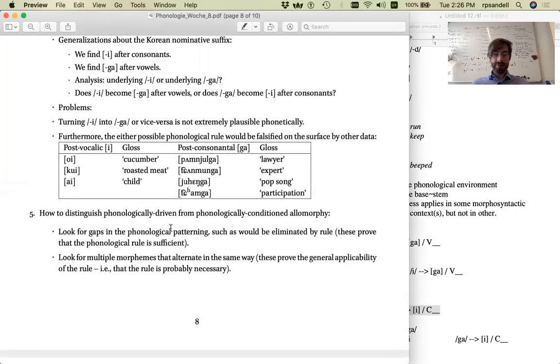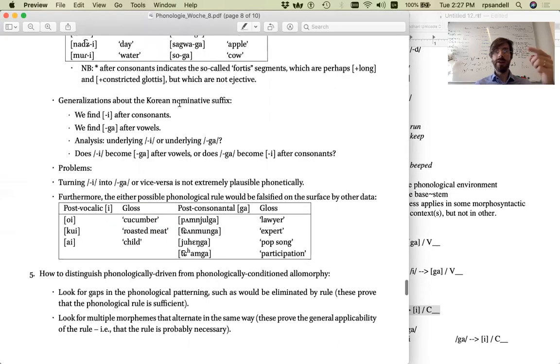Overall, and these two different types of allomorphy, thus far, I would say this means we can perhaps divide allomorphy into two different types. In general, we have approached allomorphy as phonologically driven. And by phonologically driven, I mean that the allomorphs are created by the application of phonological processes.